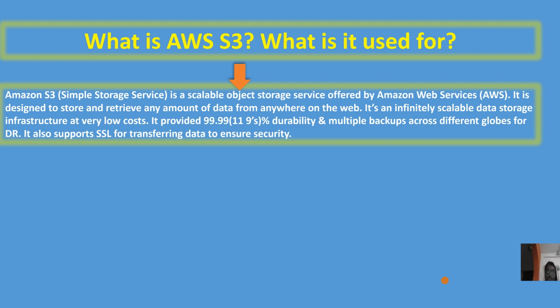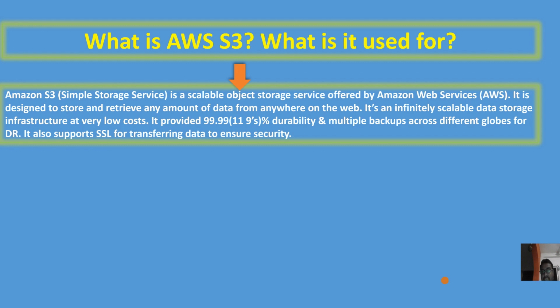Okay guys, and one more thing, it can be used for backup and restore purposes, and it also helps with disaster recovery, DR purposes. Basically, since it keeps data redundant, if you set a replication factor in S3, then the data can be stored in a different region or different location, so that whenever disaster recovery is required, you can utilize that.